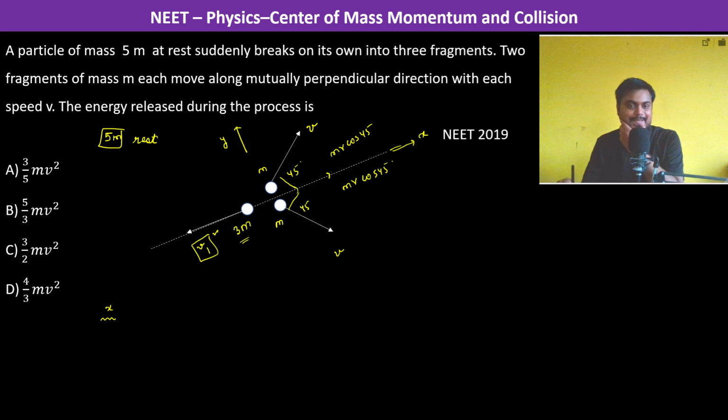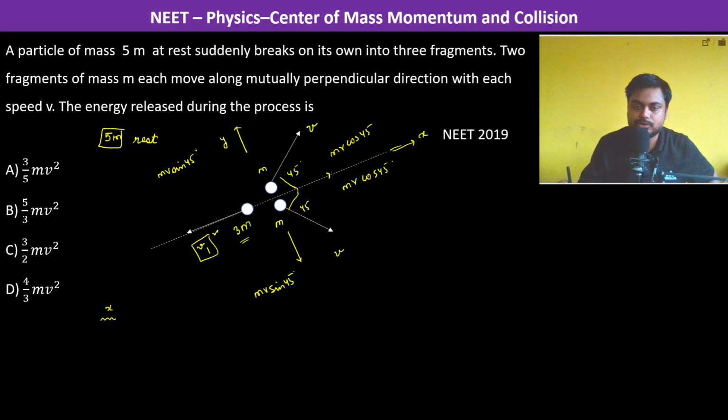Now why should this v1 be along the perpendicular bisector? Because in the y direction, the momentum gets cancelled out for both of them. In the y direction, this is going to be mv sine 45 degree, and here also mv sine 45 degrees.